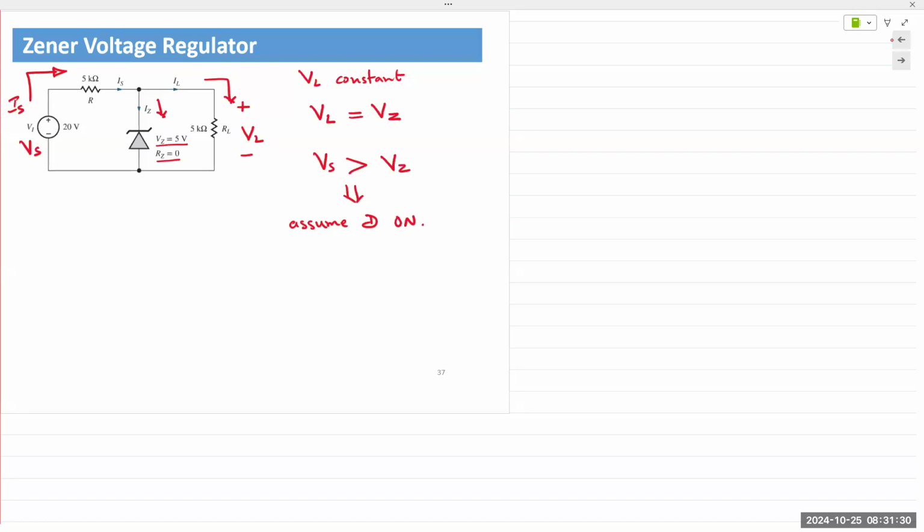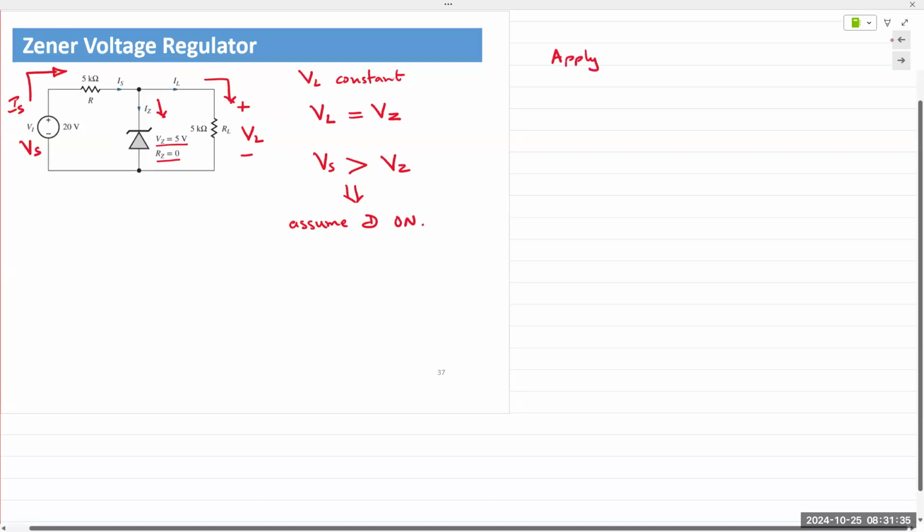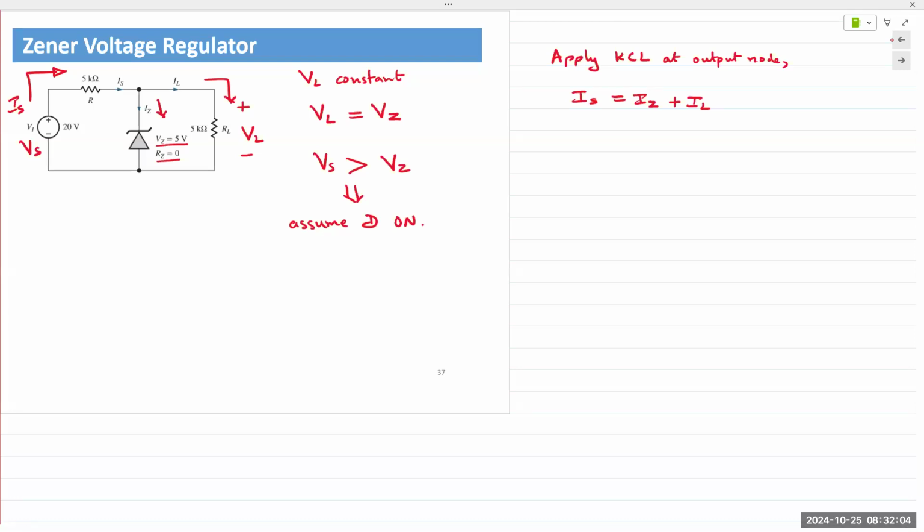Right. So let's apply KCL at the top. We obtain IS, the total source current, is equal to IZ plus IL.